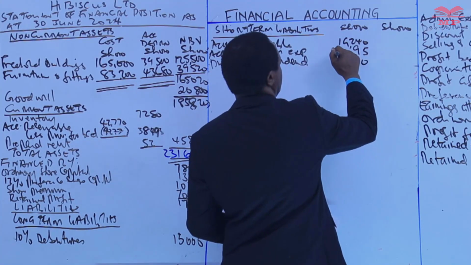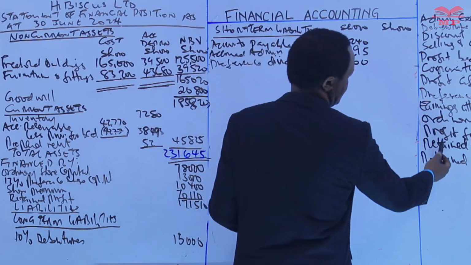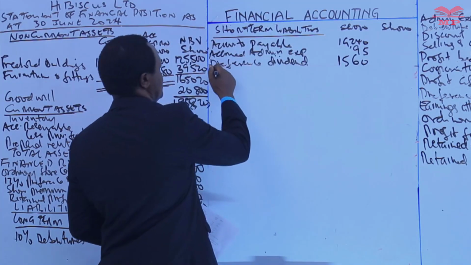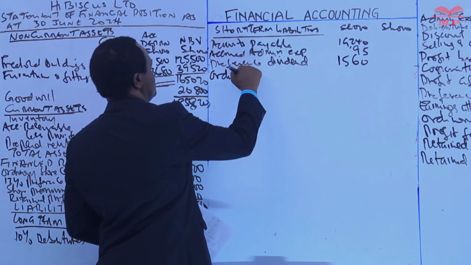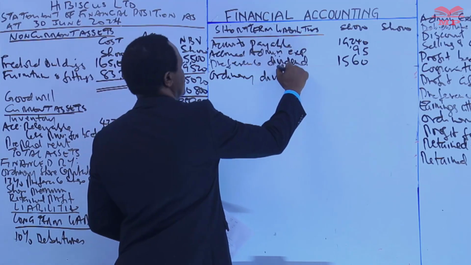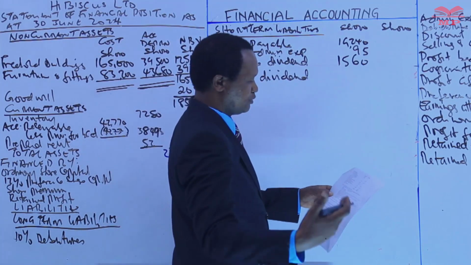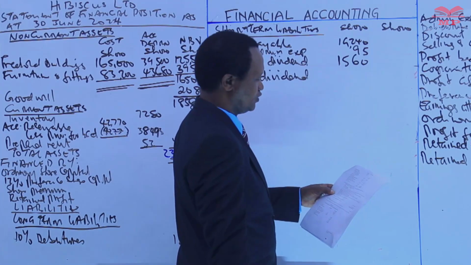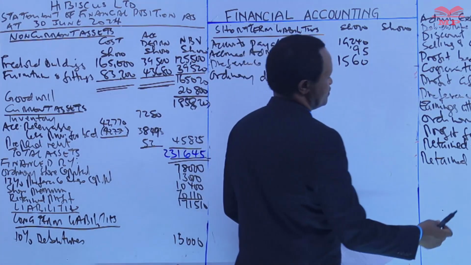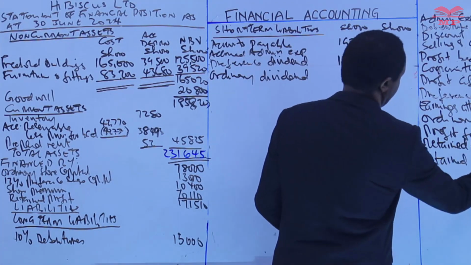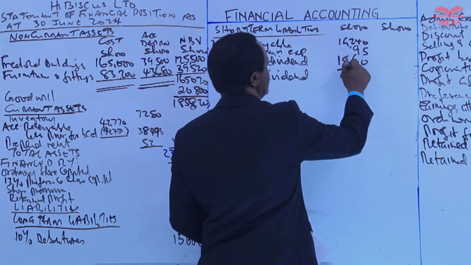Together with the ordinary dividend, which has not been paid as well. The company only proposed 10% of ordinary shares to be paid. Ordinary dividend 7,800.